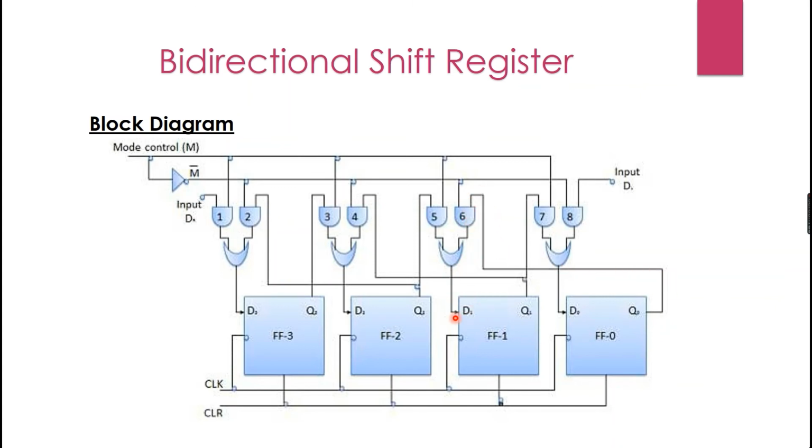So D1 will get Q0 from here, and similarly D2 will get value from Q1 here, and D3 will get value from Q2 here. So we can see the bits are shifting left here. After each negative clock cycle, the bits get shifted to the left because of these combinational circuits in between. So this is the bidirectional shift register used for multiplication and division.